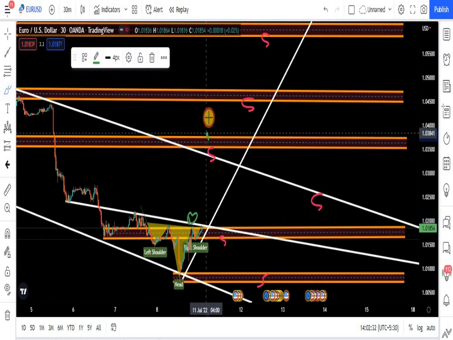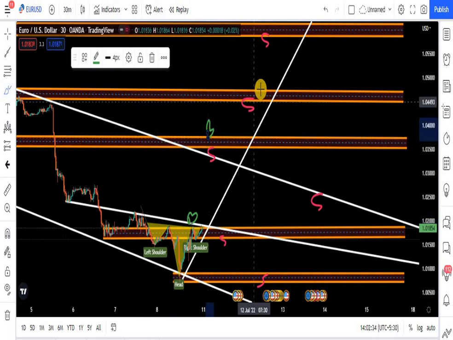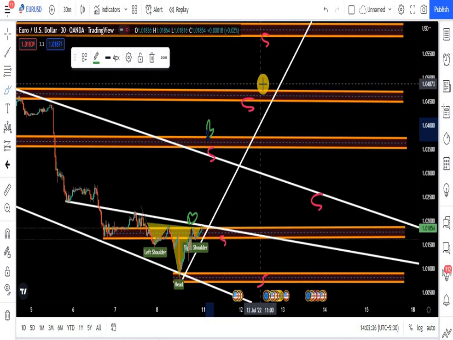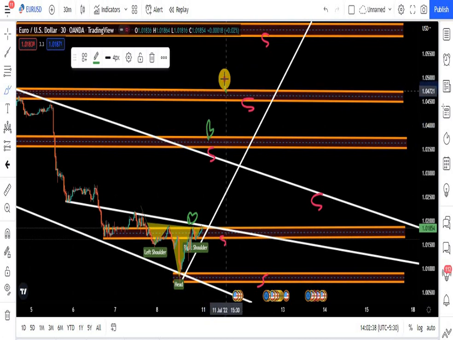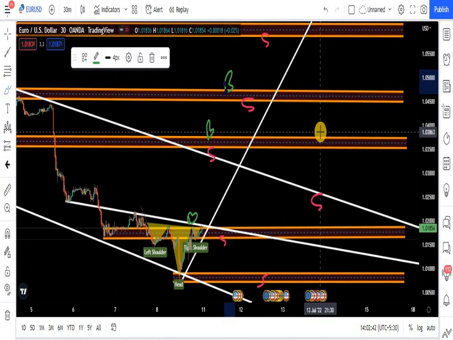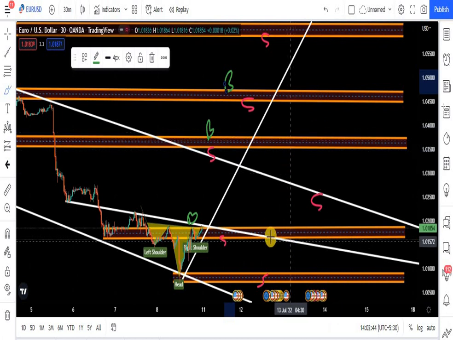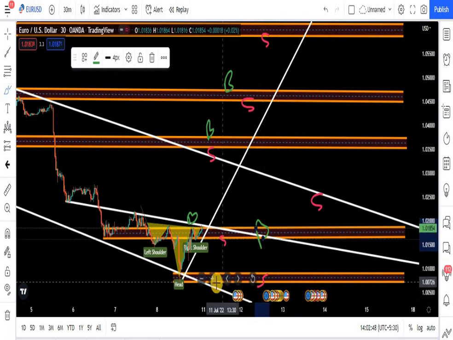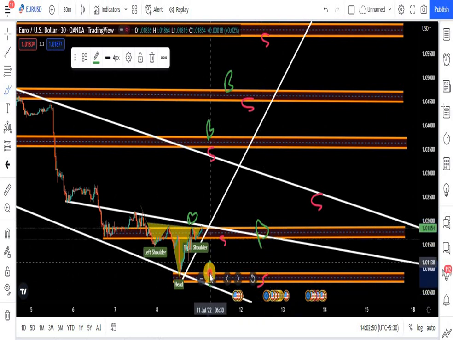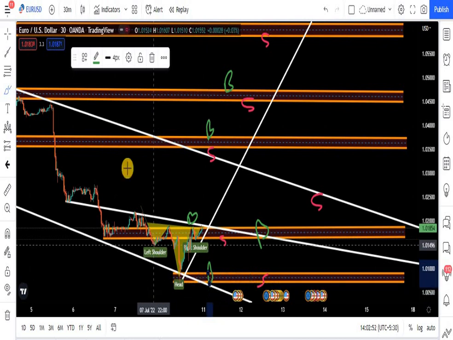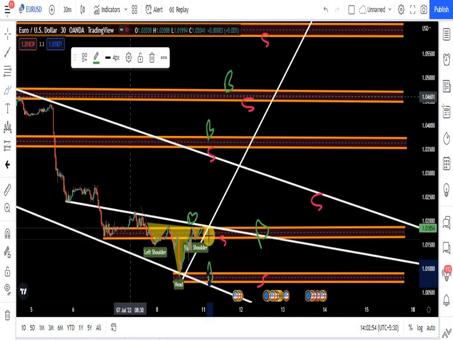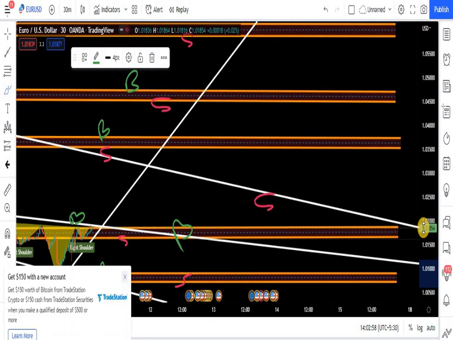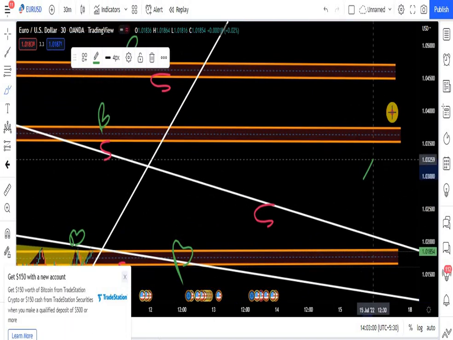Look for the market to go to those levels, and if the market sustains in those areas, you go for buying and selling. Just mark the important key zones. If the market goes to these areas and you see some rejection or resistance at those levels, you go for buy or sell.